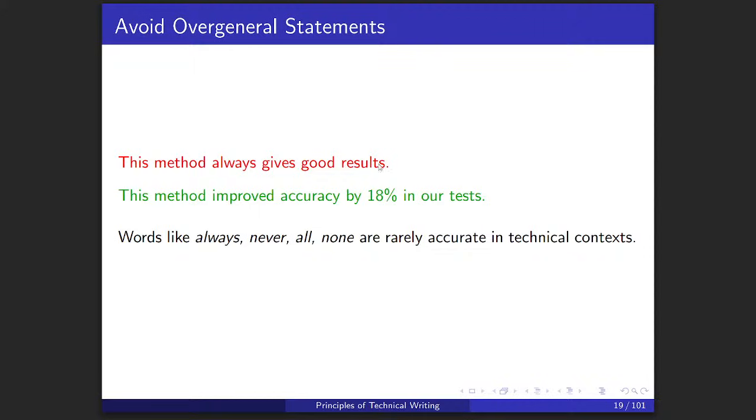Instead of just mentioning good results, if I mention all those things, it may not lead to misunderstandings. Words like never, always, all, none are rarely accurate in a technical context. If you are writing a technical paper, these may cause errors. That's why don't use these particular terms.